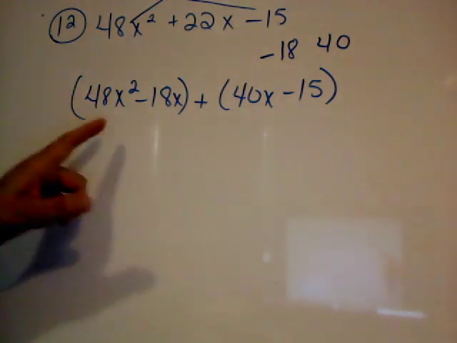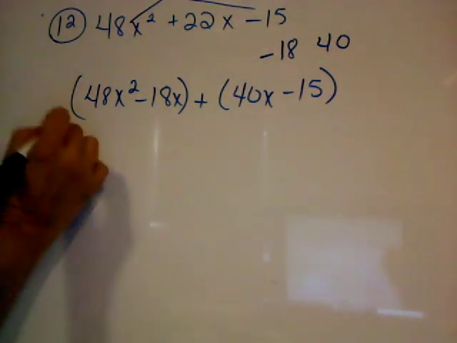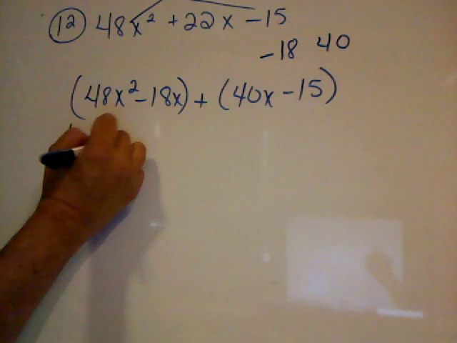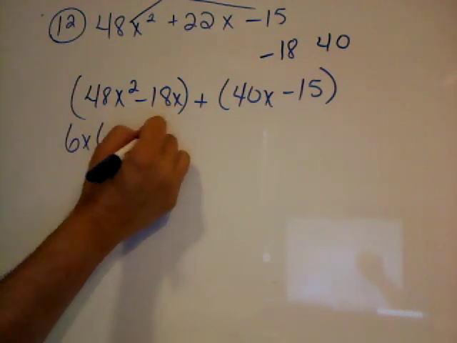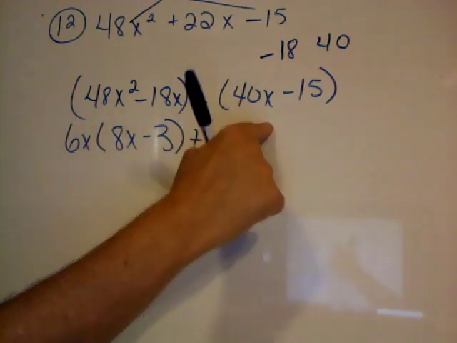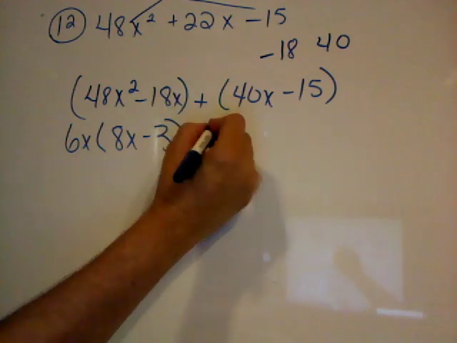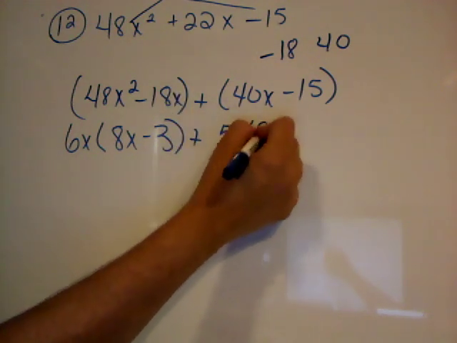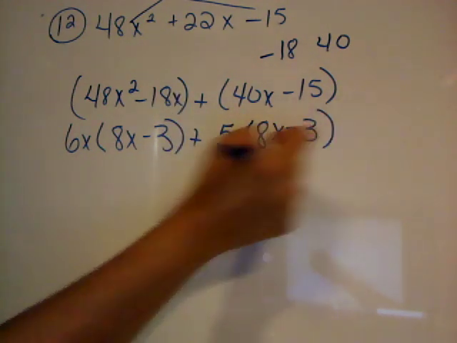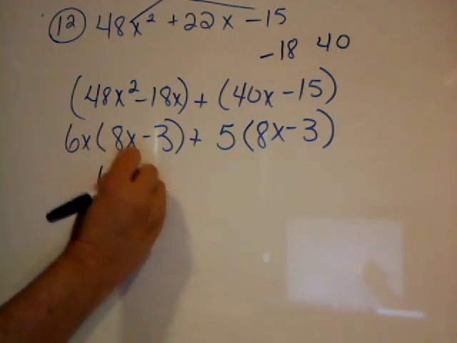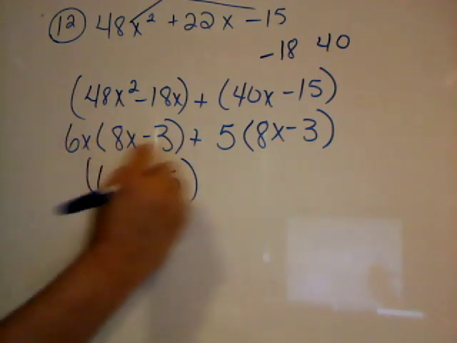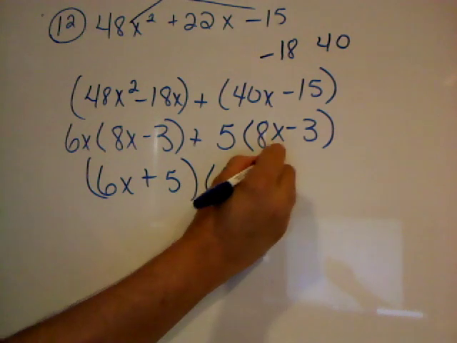Now, out of this, I could factor a 6, so 6x, and that leaves me with 8x minus 3. Here I can see that I can factor out a 5, leaving me with 8x minus 3. And then we put it together. 6x plus 5 times 8x minus 3.